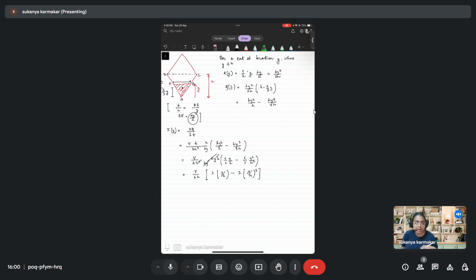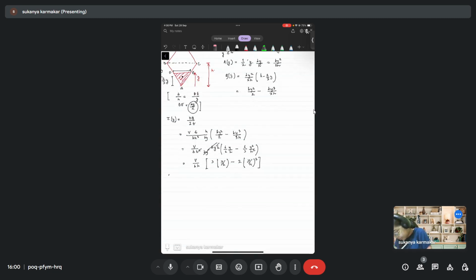So we'll take the derivative of this and equate it to 0. We'll do d tau by dy is equal to 0. So that will be V by b h.